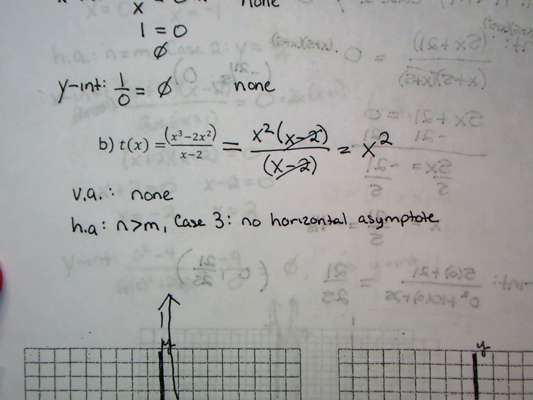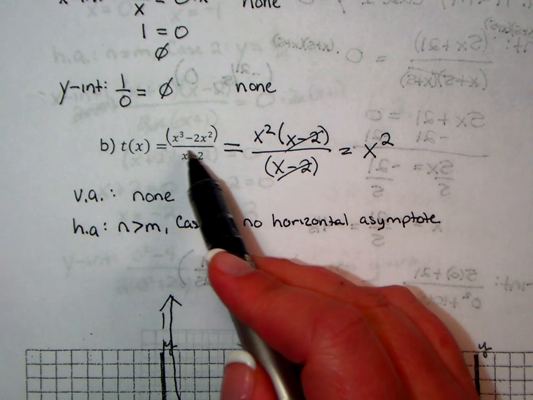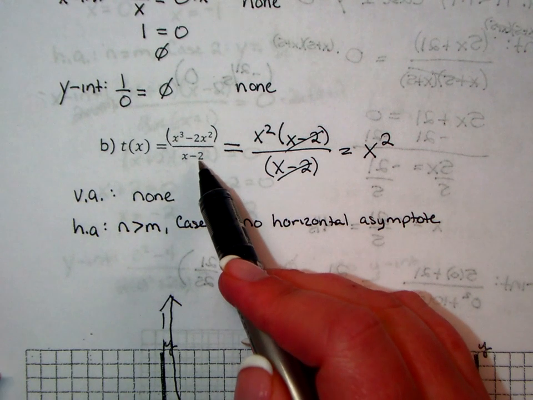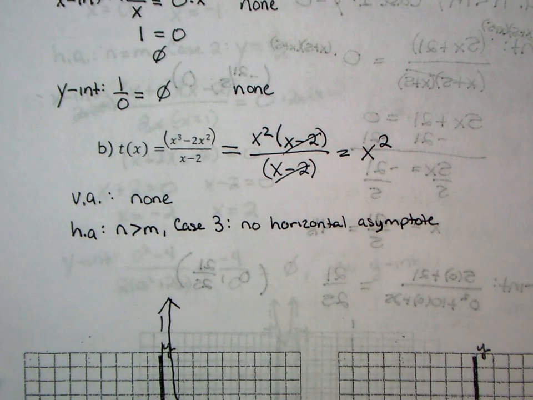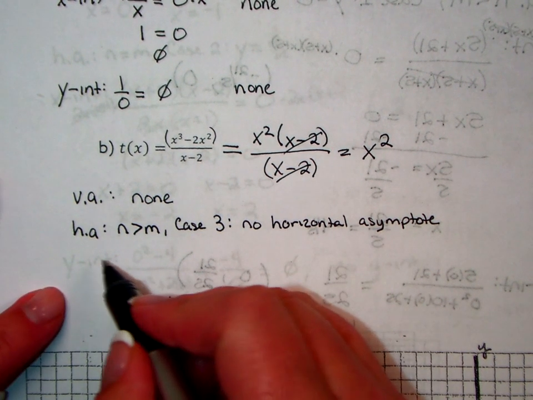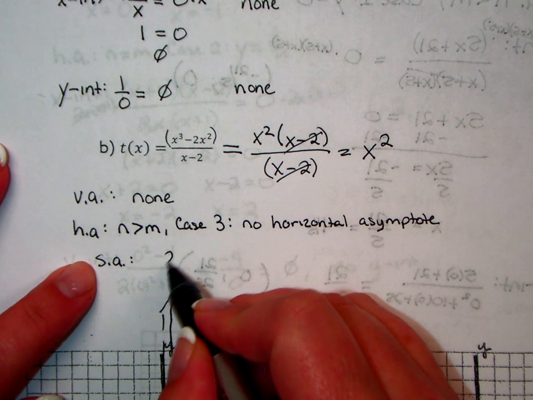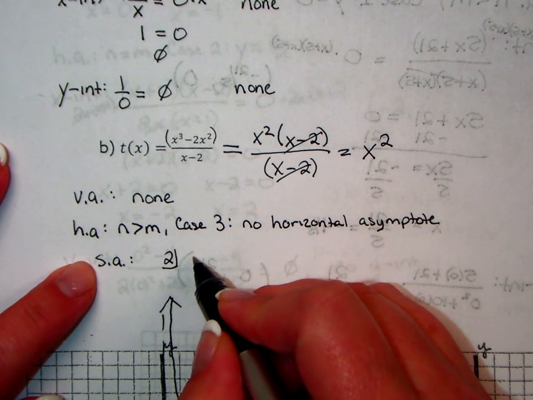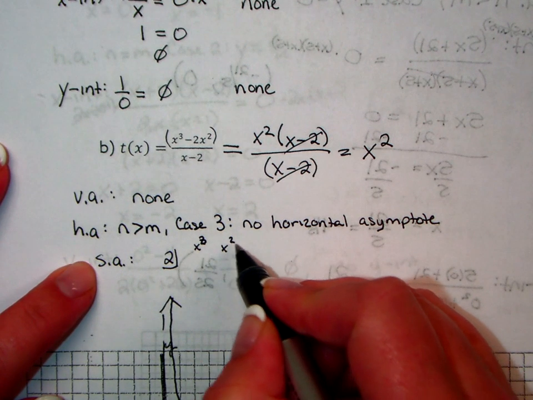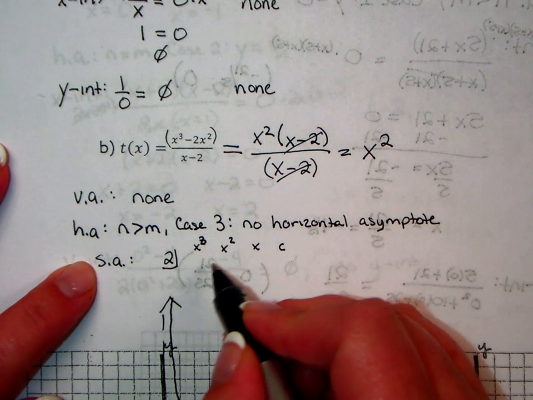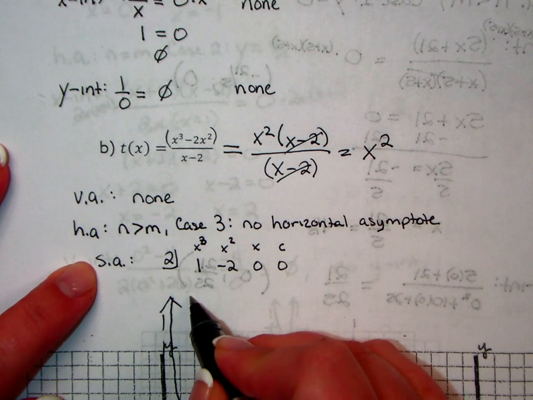But there is an oblique asymptote, and I need to do the division. We need to divide x cubed minus 2x squared by x minus 2. Because this divisor is just linear, I'm going to use synthetic division. All of this work is for the slant asymptote. For x cubed, x squared, x, constant, I'm looking at 1, negative 2, 0, and 0.